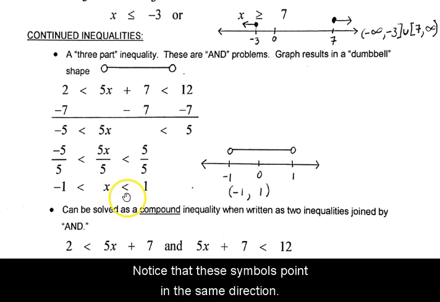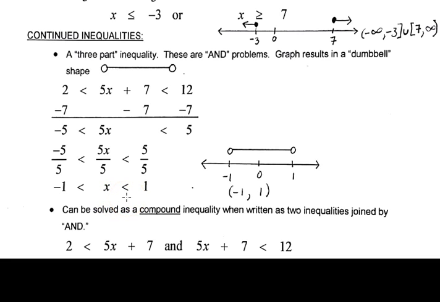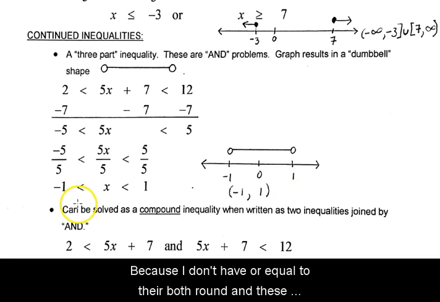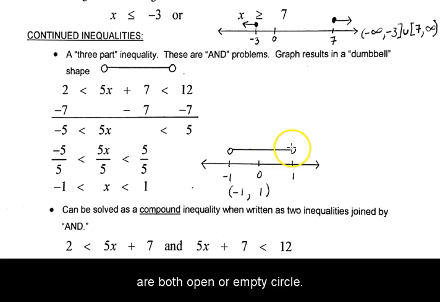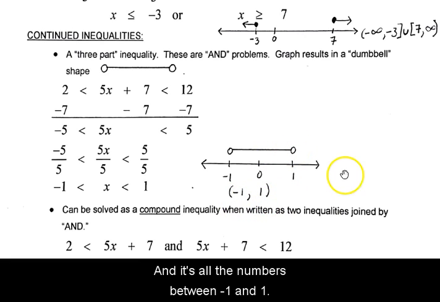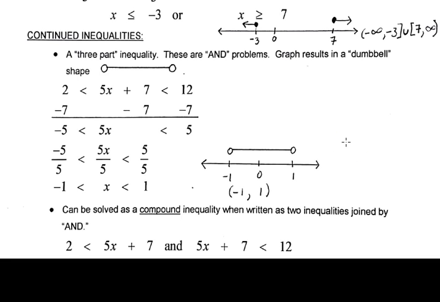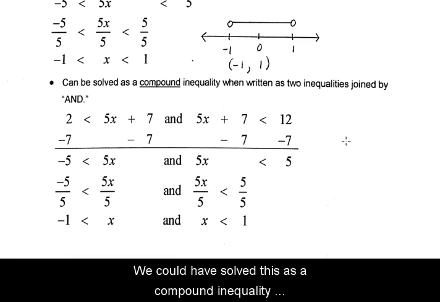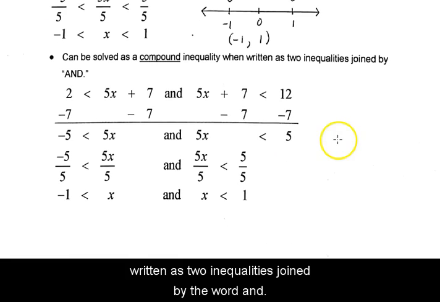Notice that these symbols point in the same direction. That will give us this dumbbell shape. Because I don't have or equal to, they're both round, and these are both open or empty circles. And it's all the numbers between -1 and 1. We could have solved this as a compound inequality written as two inequalities joined by the word AND.